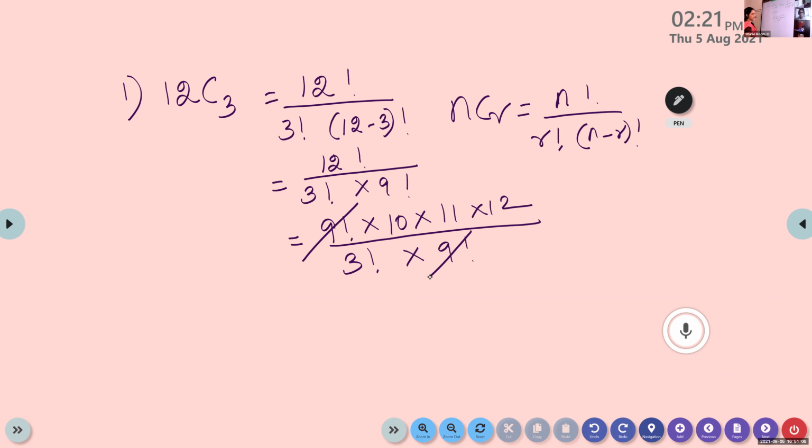So 9 factorial will get cancelled. So it is 10 into 11 into 12 by, what is 3 factorial? It is 6. Now simplify and give the answer. What is the final answer? 220.